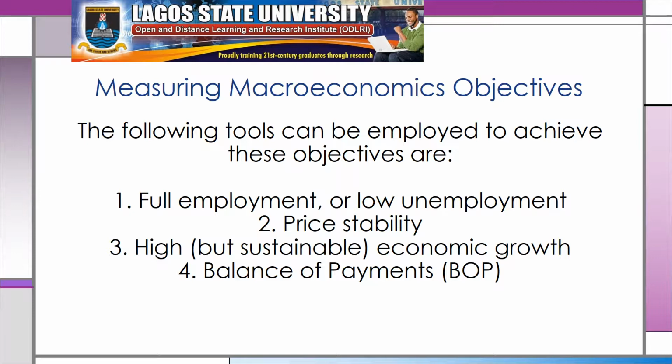When we talk about the Nigerian economy, how is full employment measured? The Bureau of Statistics has this job, and they give these figures monthly, yearly. When you go to the Bureau of Statistics, you get these figures. Price stability: how stable is the price of products in Nigeria?